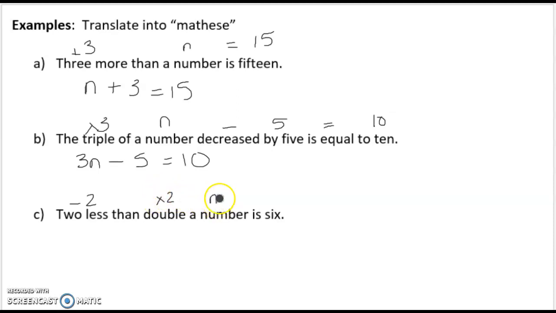And then a number is N. The word is equals, and 6 is 6. So now we put this together. So 2 less than double a number. So double a number, and then minus 2 less of that is 6. These are tricky. So you know what? Pause and rewind this as many times as you need, because it does take practice.